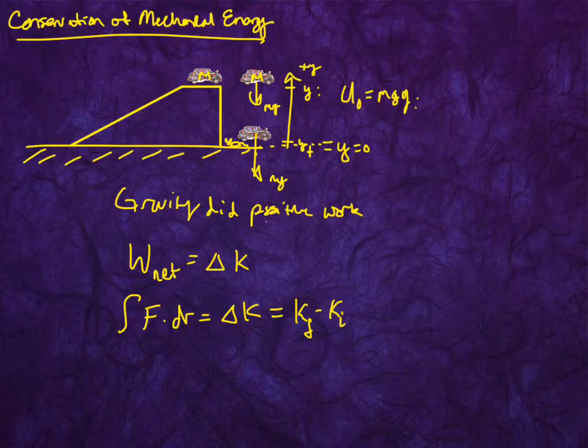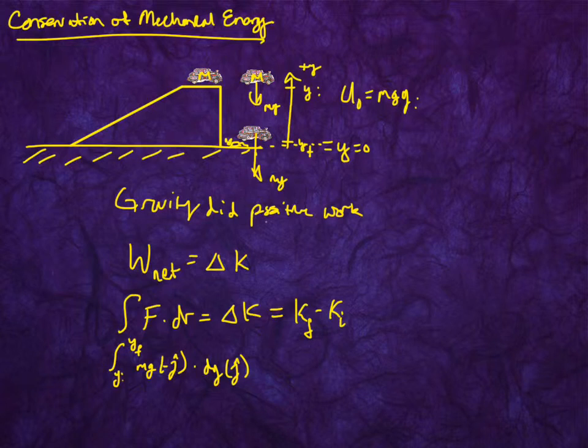Alright, well that gives us the integral from y initial to y final of mg in the negative j hat direction times dy j hat, which gives us negative mg y from y initial to y final.